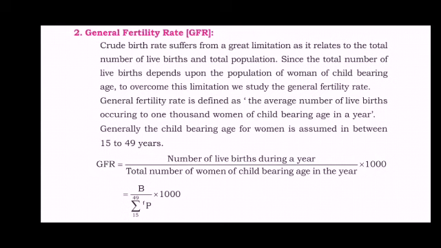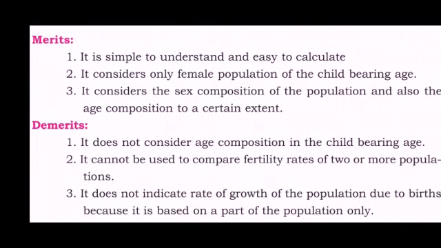And in short, the formula is B divided by summation of the female population between the age group 15 to 49, into 1000. So into 1000 indicates here again we are counting the birth rate per thousand. Per thousand human beings, how many children are taking birth.